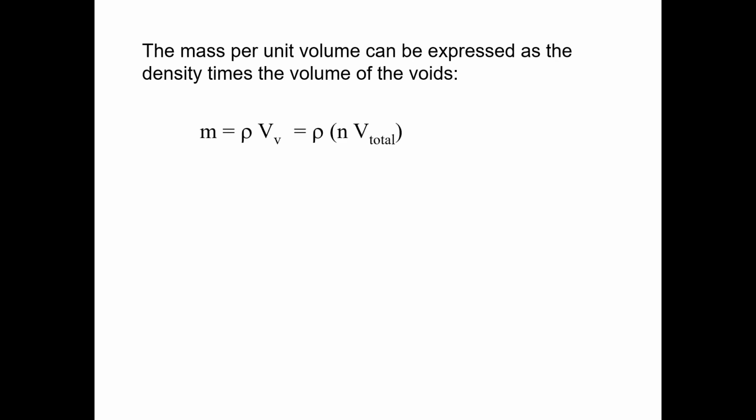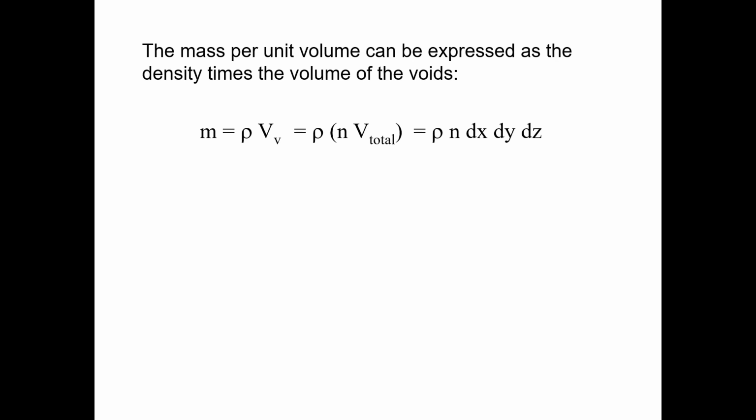And the volume of the voids is equal to the porosity N multiplied by the total volume. Remember, porosity is the volume of the voids divided by the total volume. And the total volume in this case, in the context of our representative element, is dx, dy, dz.